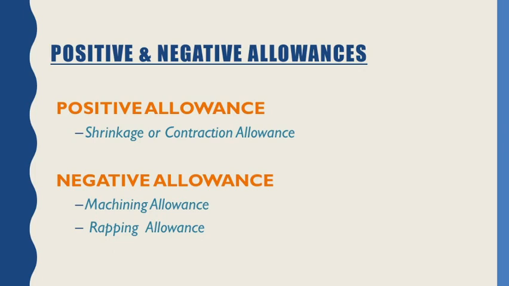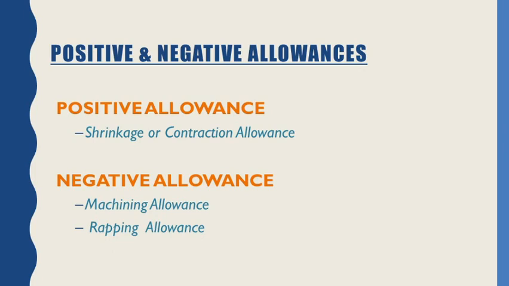Then if you consider the machining allowance, in this case also we make the size of the pattern larger than the casting size. So it is not actually a negative allowance as shown in the figure; it comes under the positive allowance. So that is a mistake.